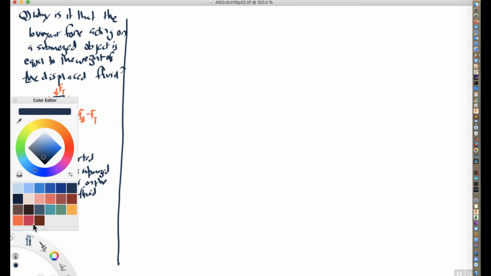So let me draw a picture here. If we have water or any other fluid for that matter, and we imagine some very thin plate submerged in this fluid.